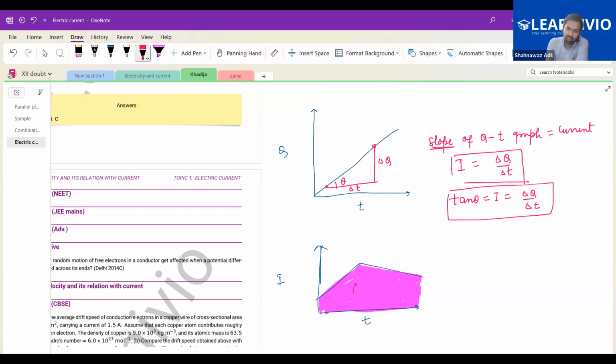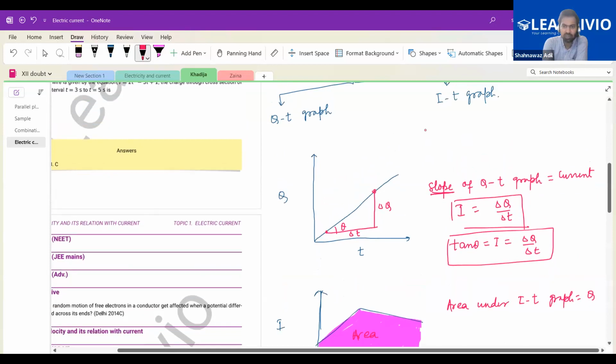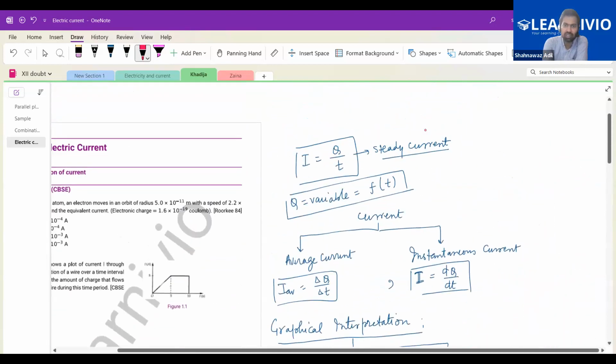So the area under the IT graph gives charge. These are the important points to remember. If you have a current-time graph, the area under the graph will give you charge. If you have a charge-time graph, the slope will give you the current. These are the two aspects of the graph, and then you have these three kinds of current.